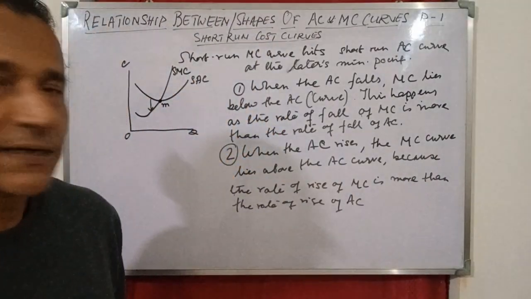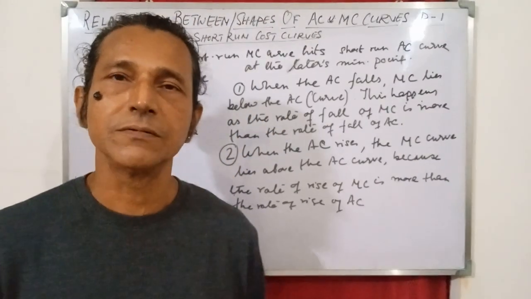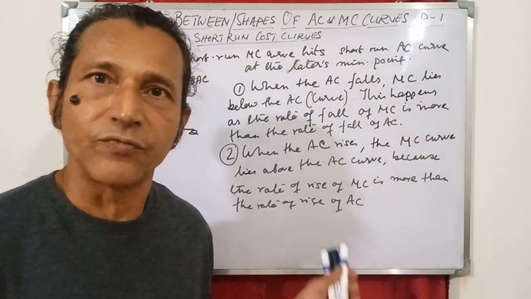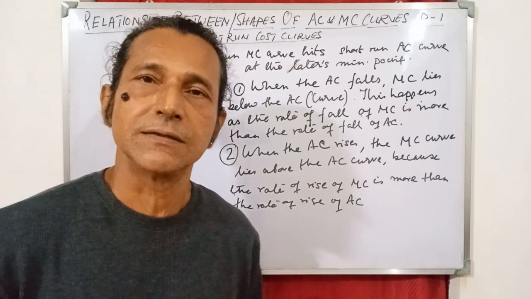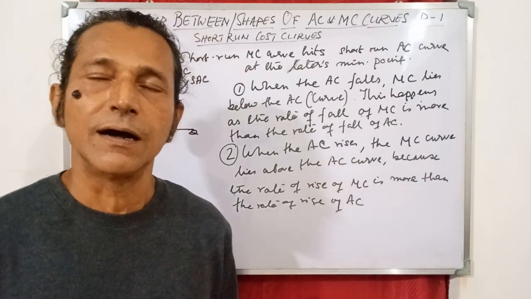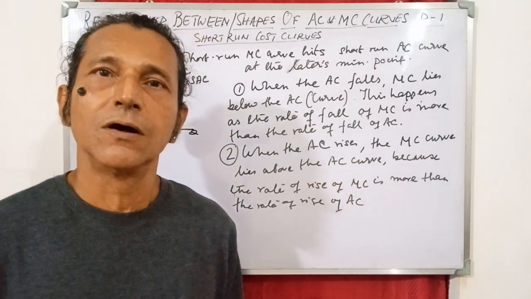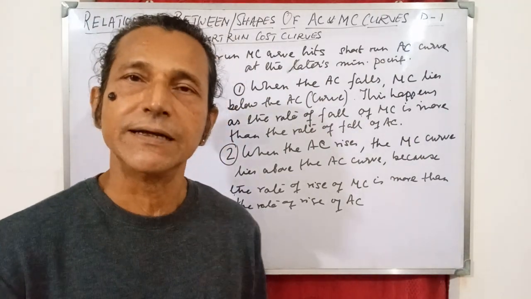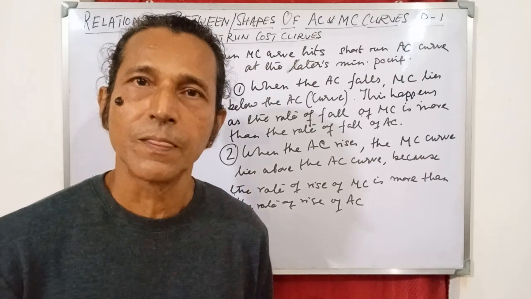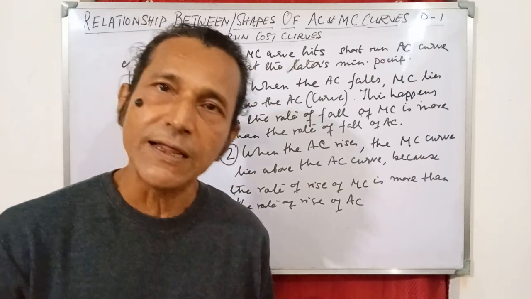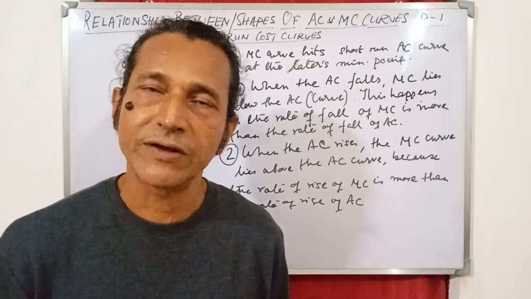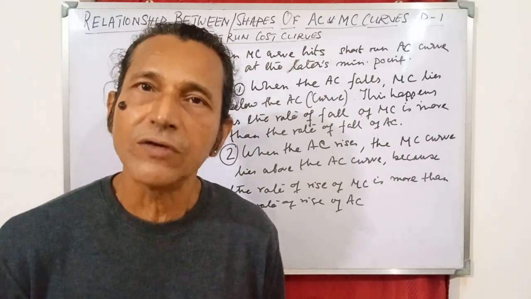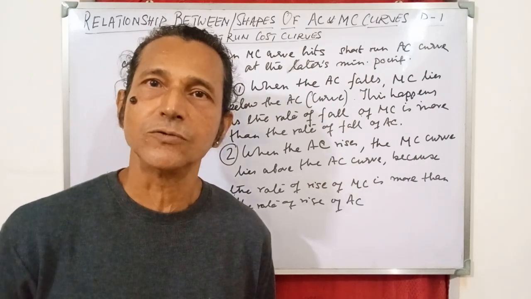So now we shall take one numerical example to see whether this follows or not, and after that I shall explain diagrammatically that the marginal cost curve indeed intersects the average cost curve at and only at the minimum point of the average cost curve, and finally I will use calculus to show that.